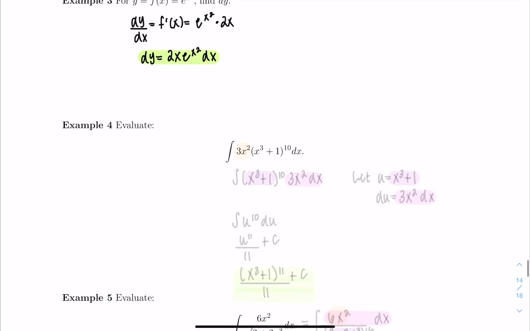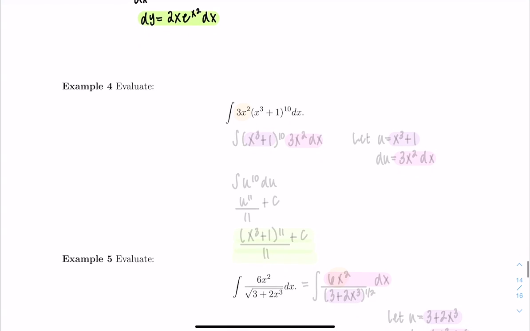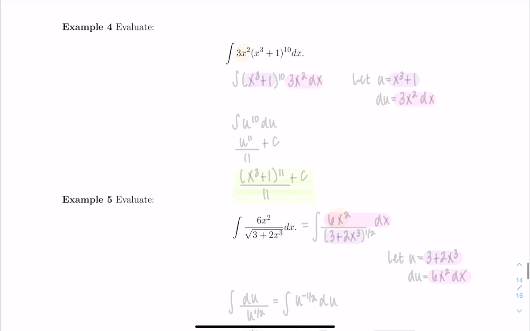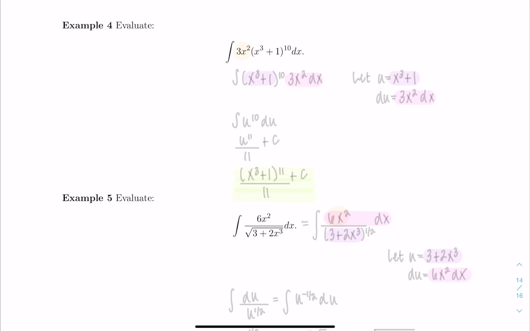Now we want to evaluate this integral of 3x squared times x cubed plus 1 raised to the 10 dx. One thing we want to note is that we have the derivative of x cubed plus 1 inside the integral, because the derivative of x cubed plus 1 is 3x squared.